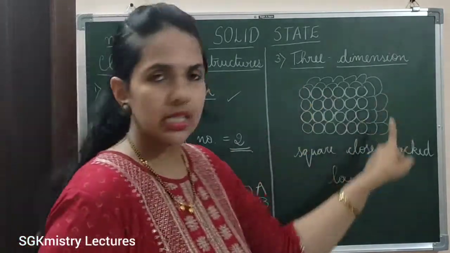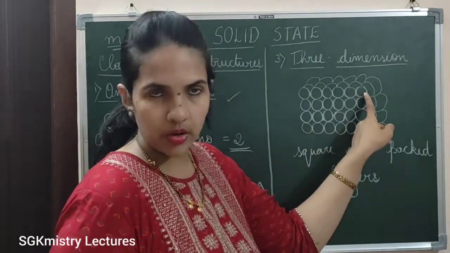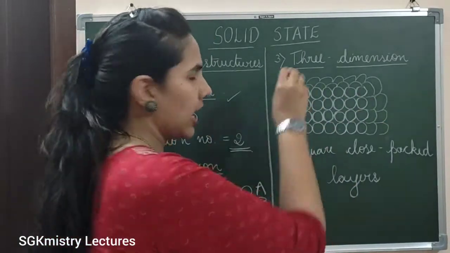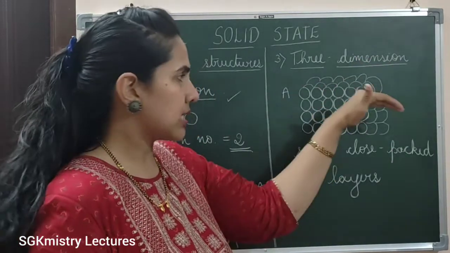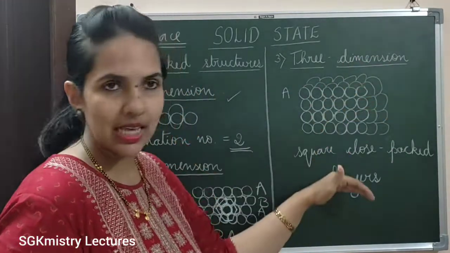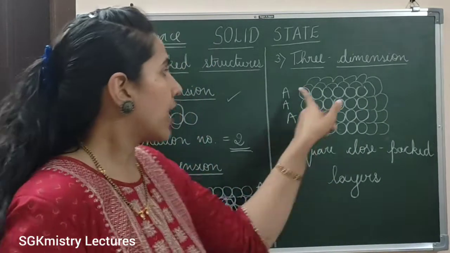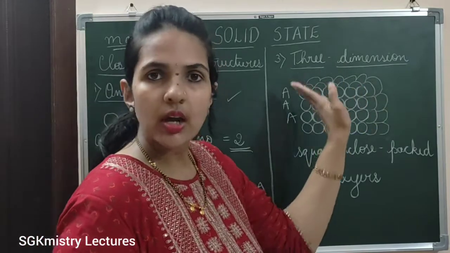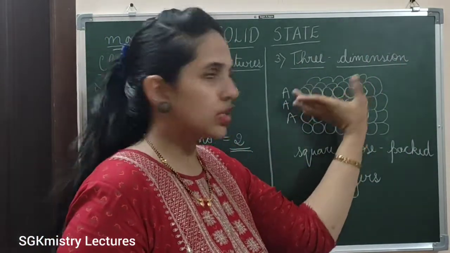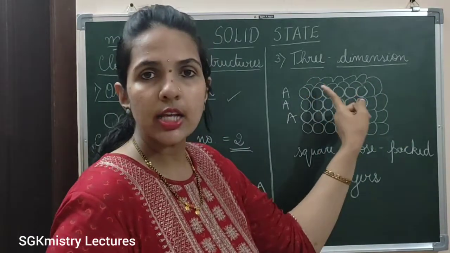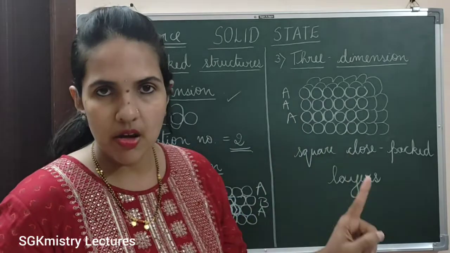You can see in this diagram itself, here the atoms are in this order. So let me name it as A. All the layers below this layer are arranged in the same way. So here it is AAA type of arrangement, and also the layers behind the first layer have exactly the same arrangement as the first layer.